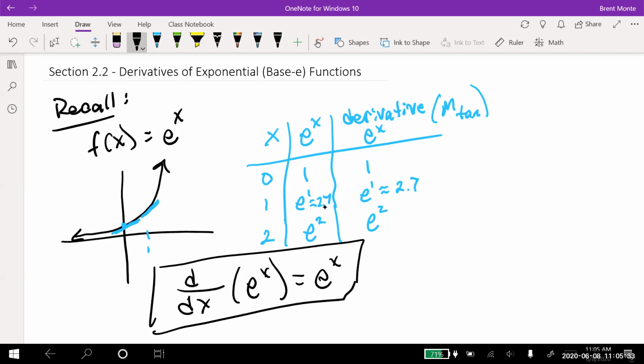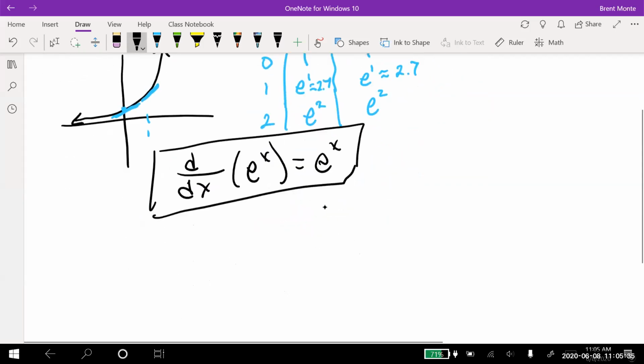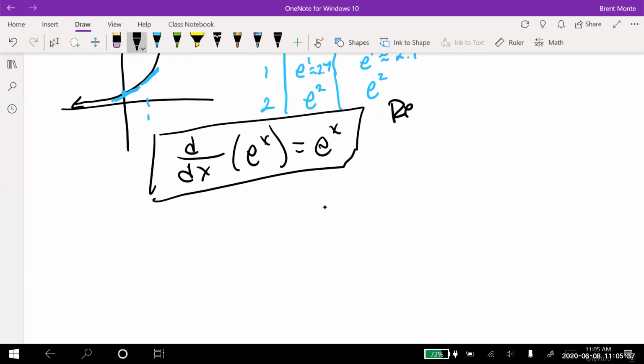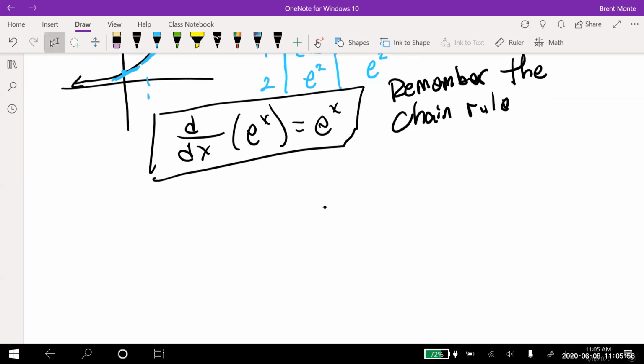Now, we also have to remember the chain rule, and I'm going to write that right here. In just e to the x, there's no chain rule because the exponent x isn't a composed function, but here's what they would call the extended derivative of the exponential.